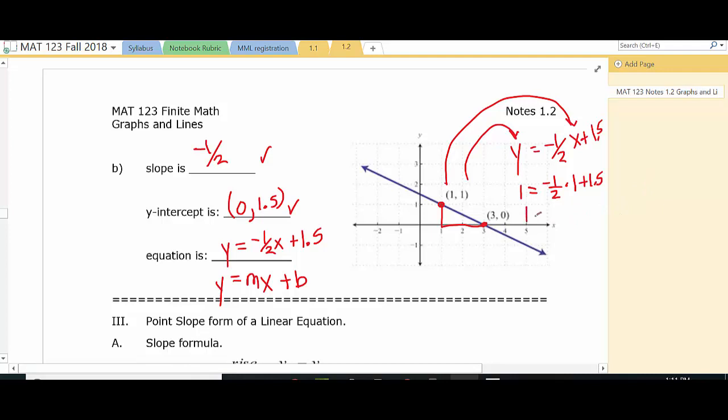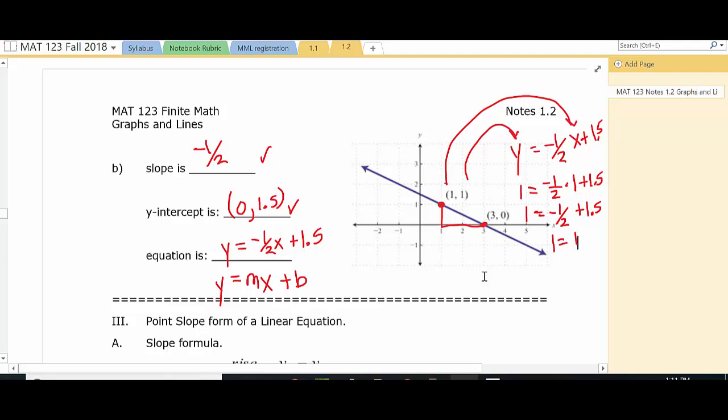This would be 1 equals negative 1/2 plus 1.5. Well, if you add negative 1/2 and 1.5, you'd get 1. And if you don't know that, you could do it on your calculator, so that works out. So those 2 points, (1, 1) and (3, 0), will check in your equation if you plug them in. So you have the ability to tell you're right, even though it's pretty easy once you understand how to calculate the slope and y-intercept.